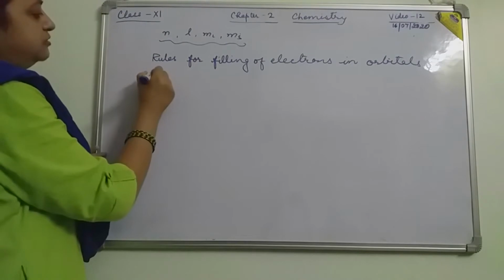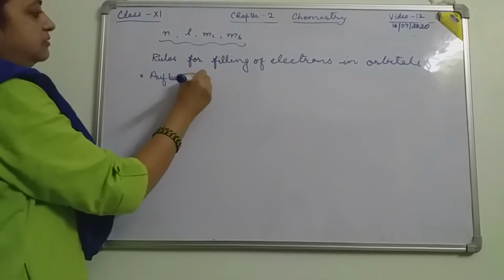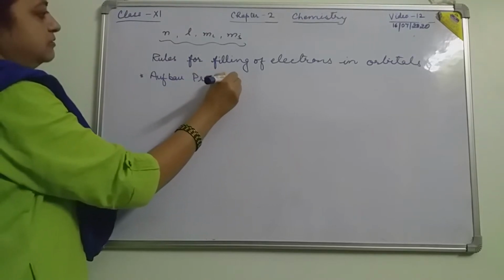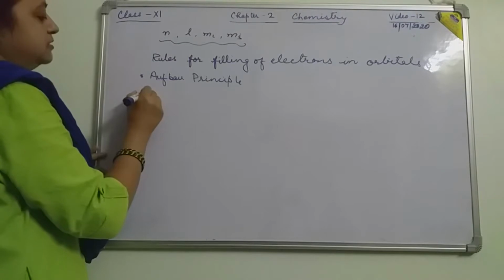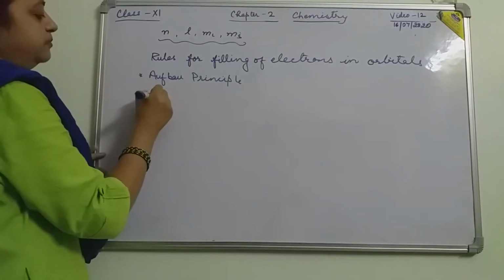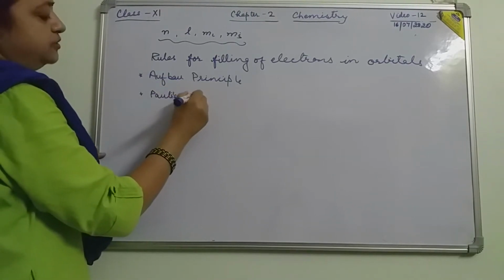The first rule is the Aufbau principle. The second rule is Pauli's exclusion principle.